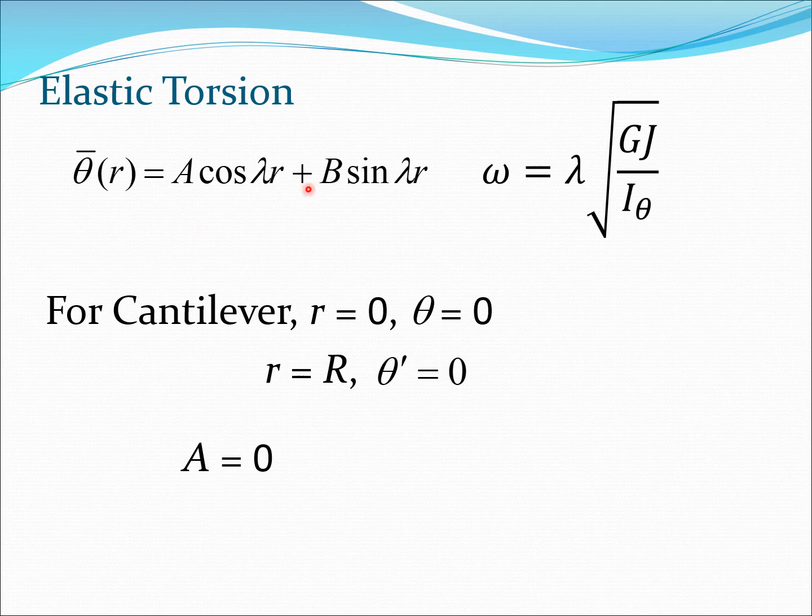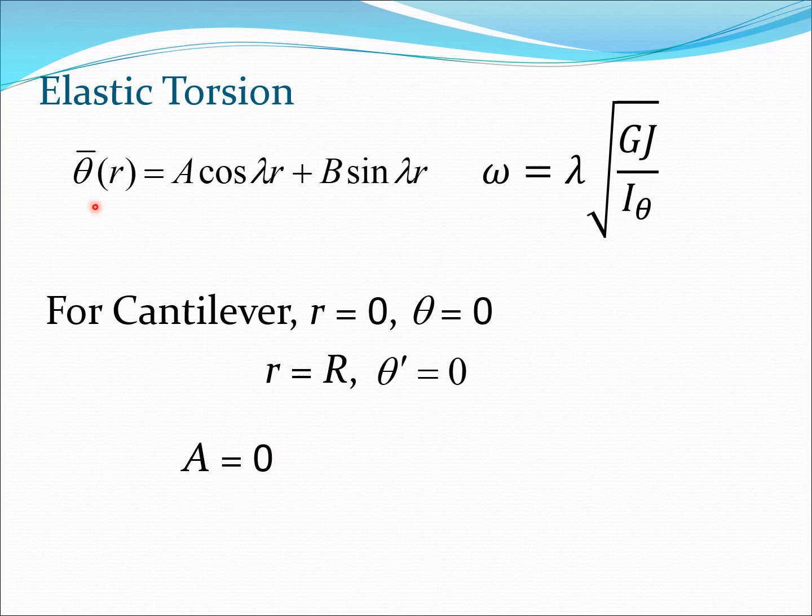I substitute both into this solution here. So you can clearly see that r is 0, theta is 0 gives me that A would be 0. Because I put 0 here, this term goes out but A remains here, so A equals 0. So that's one of them gone.